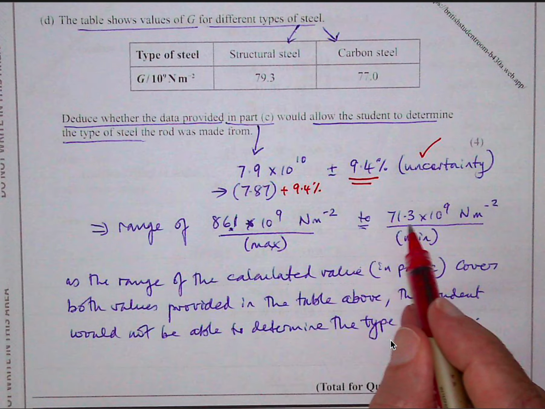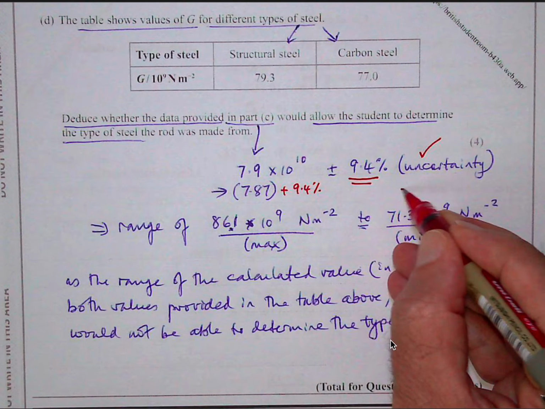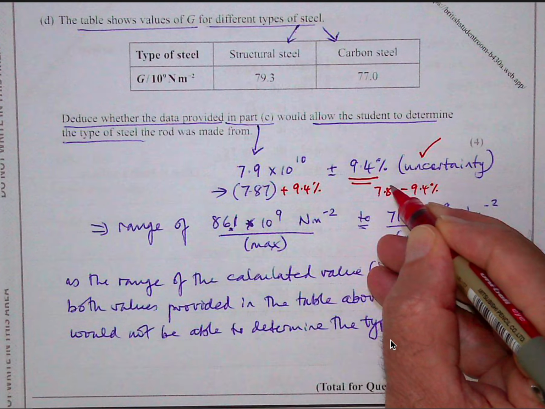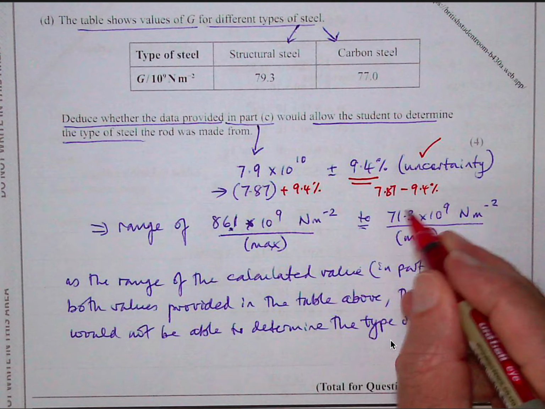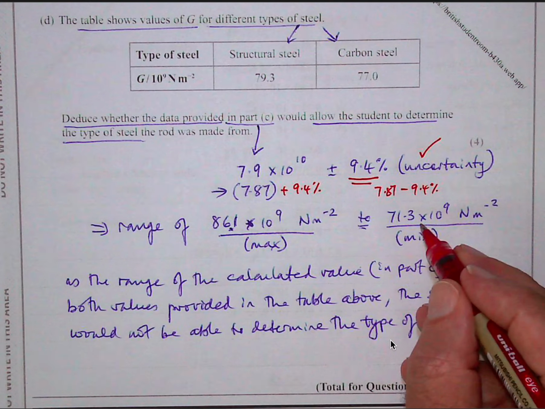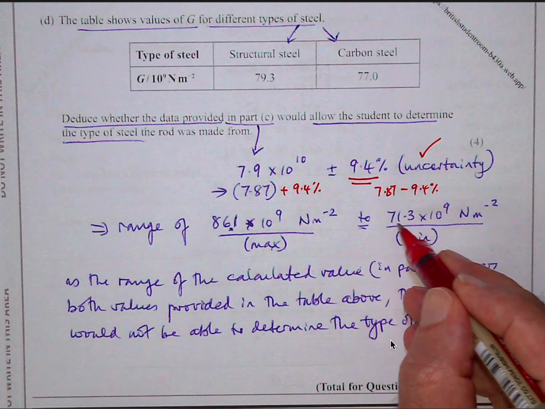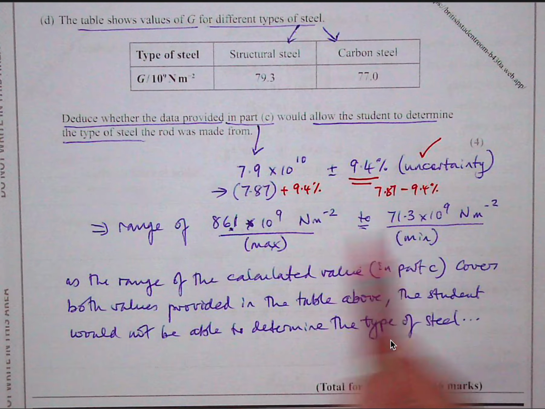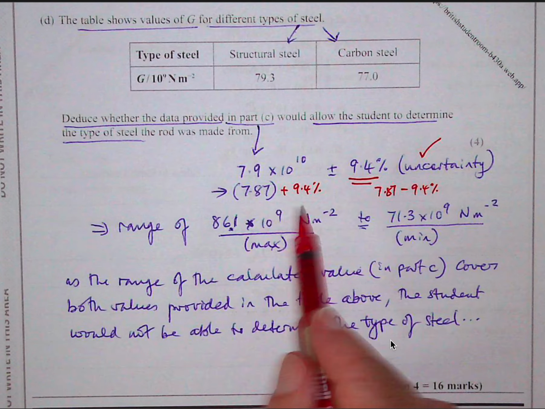Then you take away 9.4%, so 7.87 minus 9.4%, in giga, would be 71.3. So you'll notice 71.3 and 86, both these values, are within that range.